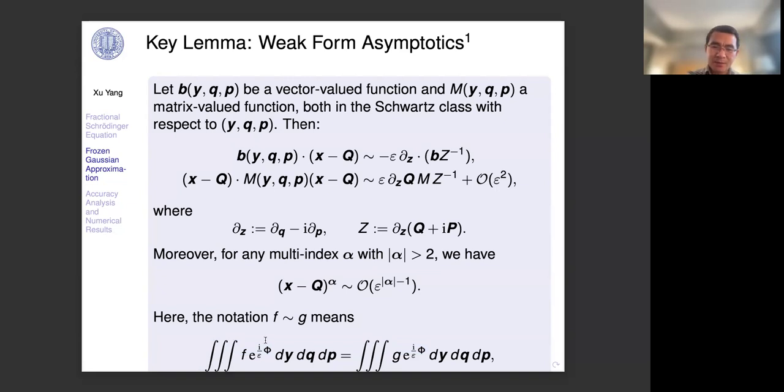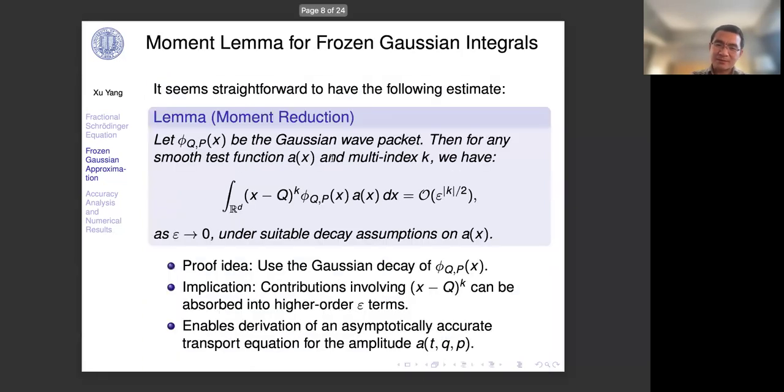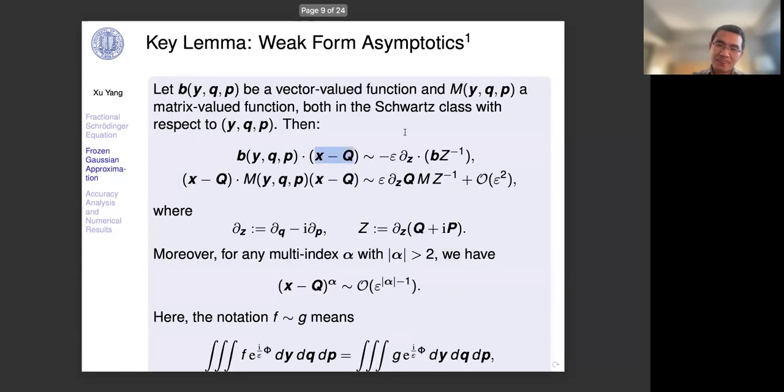And in this sense, because you have the integration, one way you can do is integration by parts, which is kind of a technique, but technical. But it is true that you can find some cancellations when you do this integration. So when you think about this x minus q term in this integration sense, ideally by the intuition we know this will be epsilon to the power of half, because that's the order of x minus q.